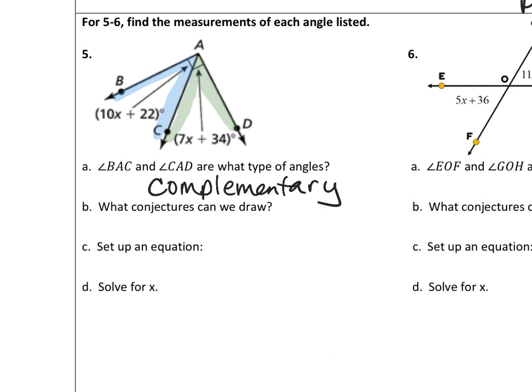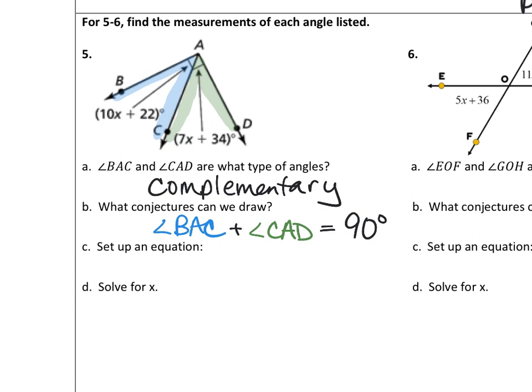Complementary means they sum to? Give me a number. 90. Okay, great. So we can write this conjecture. We can say angle BAC plus angle CAD has to be equal to how many degrees? 90 degrees. That's what the definition of complementary is, that it's equal to 90.